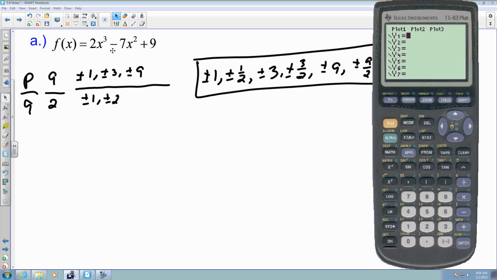So I'm going to type in this function: 2, x to the third power, minus 7x squared plus 9.